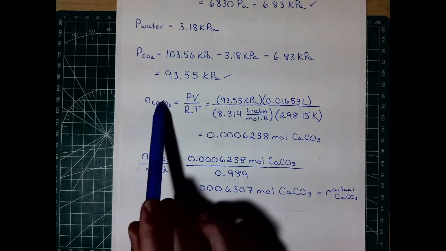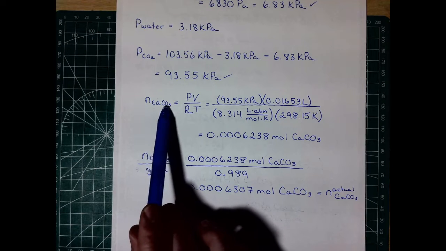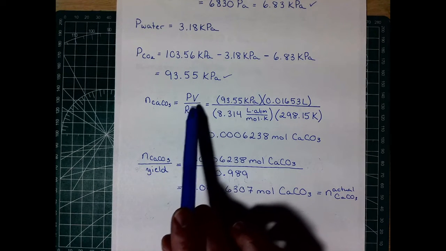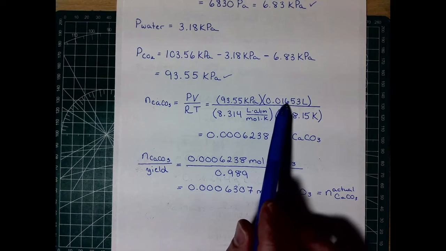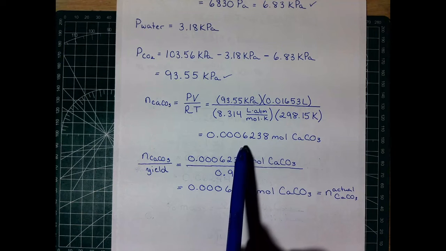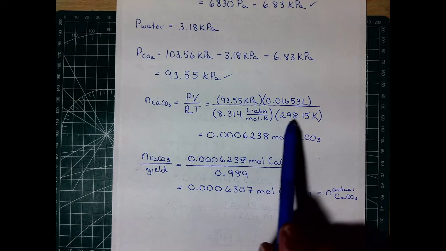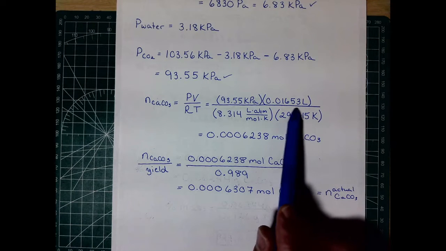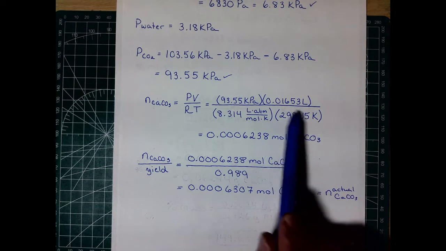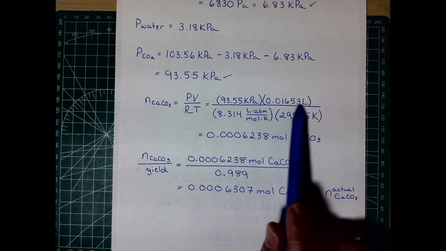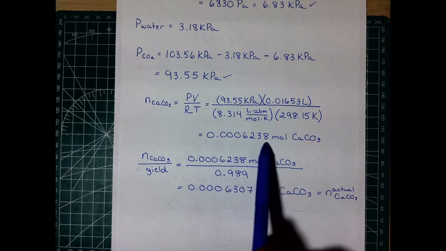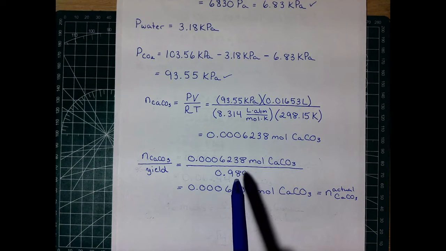I'm going to go ahead and calculate my number of moles of calcium carbonate, just as I did before with the PV over RT. And again, I'm going to convert this to liters and this to Kelvin. And again, for other trials where this is going to be a different temperature, you're going to need to input a different temperature there, and you'll have a different volume for the various trials as well. And I find that we have this many moles of calcium carbonate.